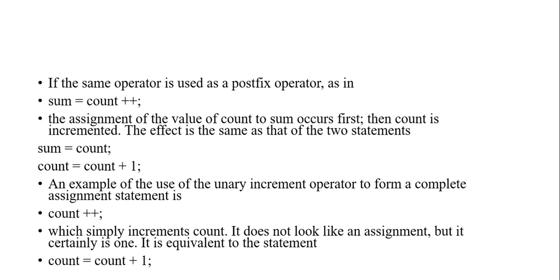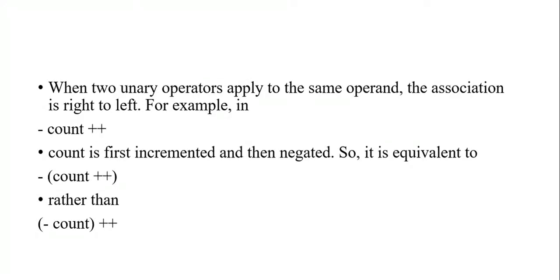So when two unary operators apply to the same operand, the association is right to left. Okay, for example, in minus count plus plus, the count is incremented, and then that is negated. So the count is first incremented and then negated.